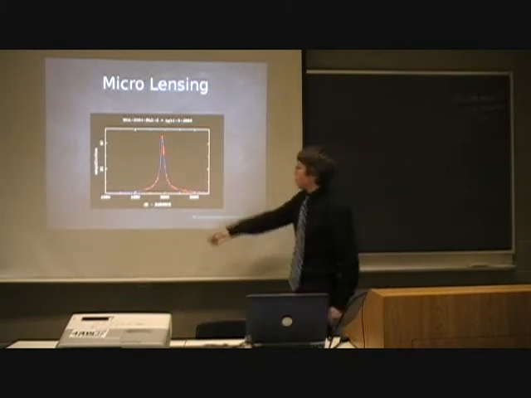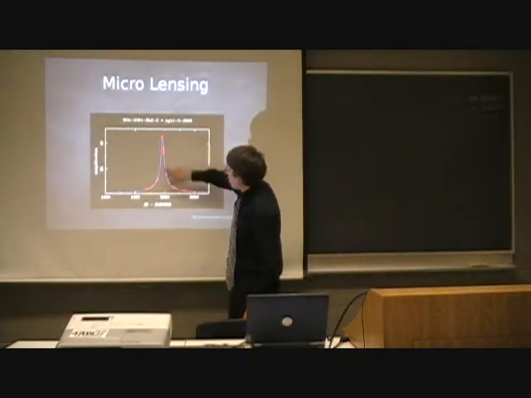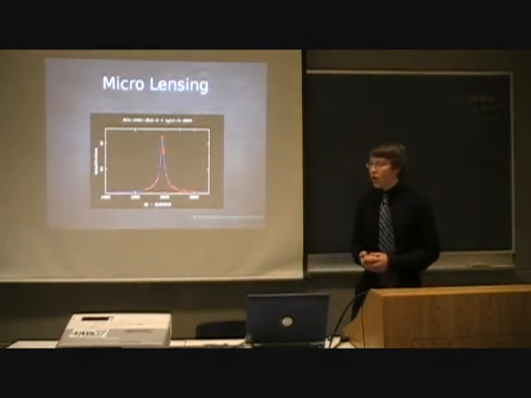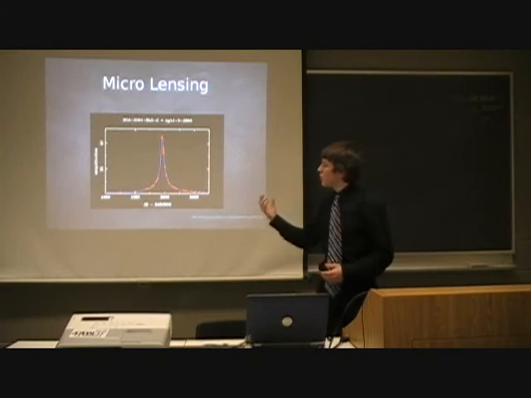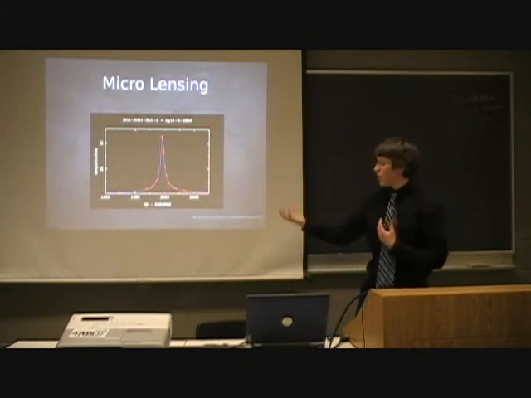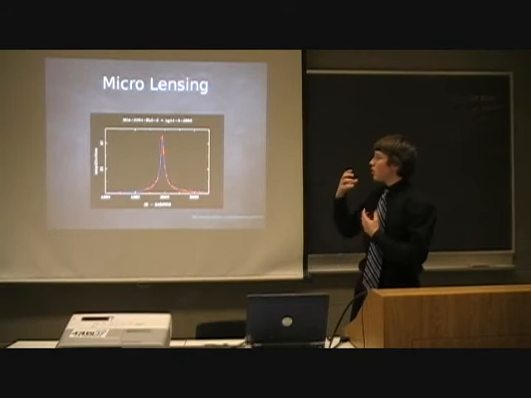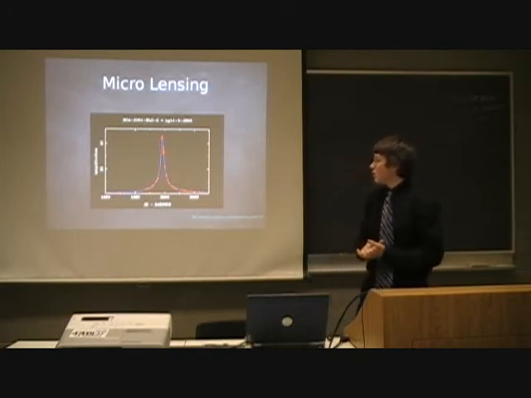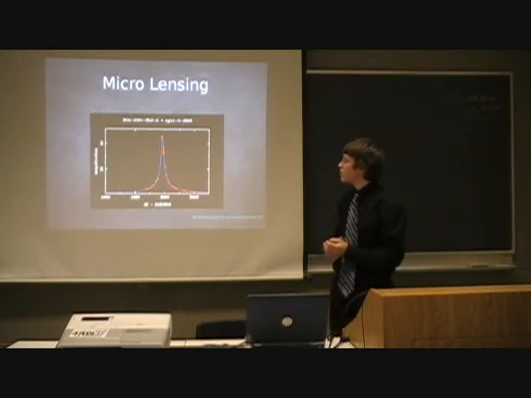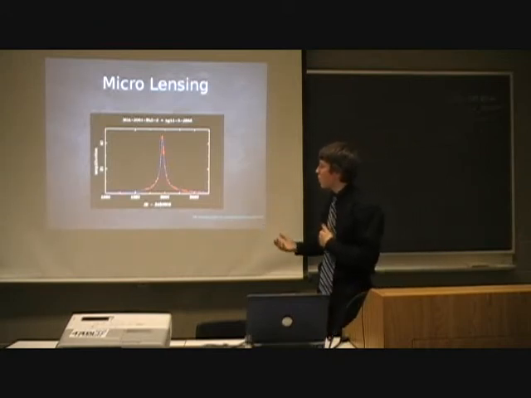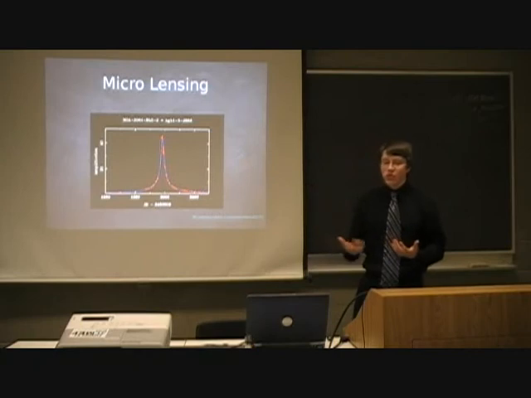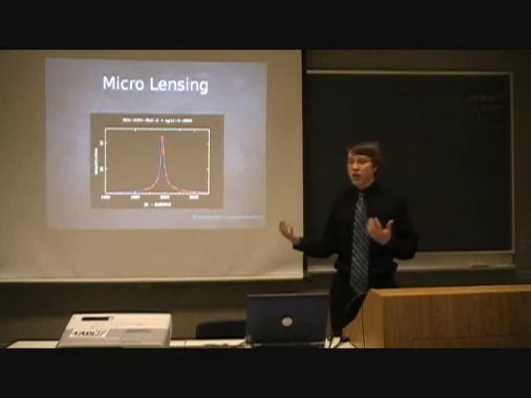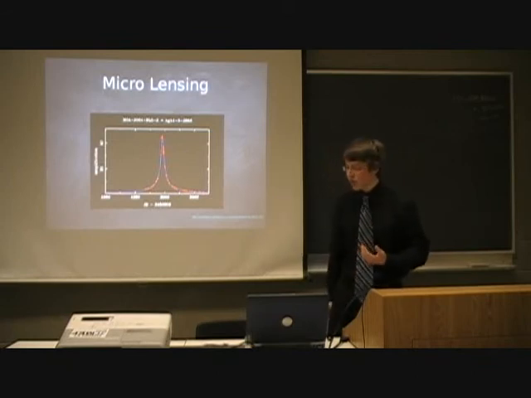And then you have this spike, which is another object passing between the Earth and your distant object, and how its lens is increasing the brightness of that background object. So if you're watching over a long period of time, you can use this to detect microlensing events.